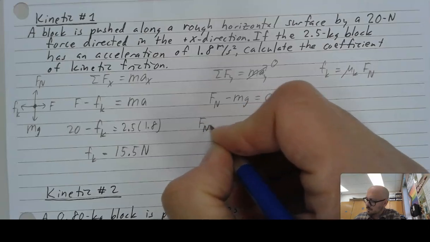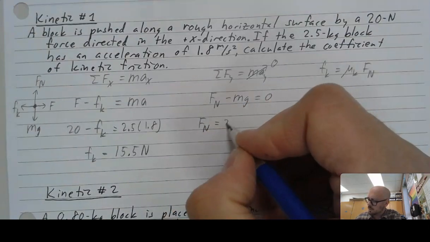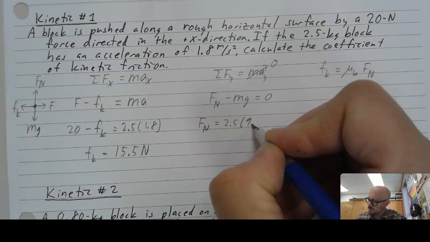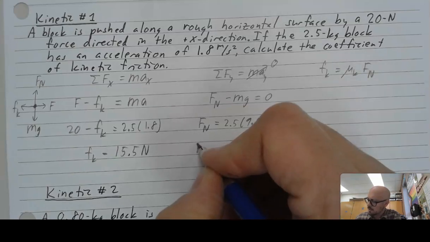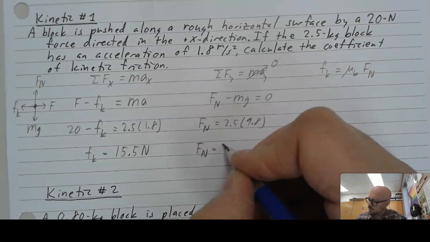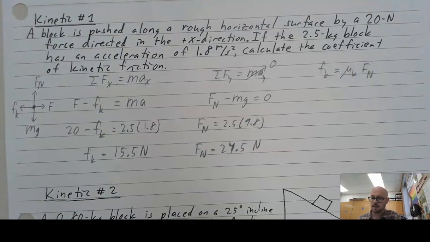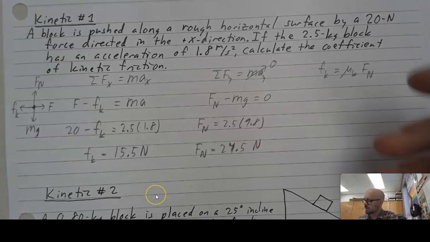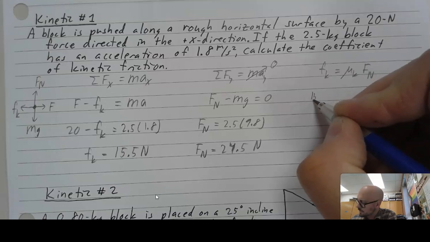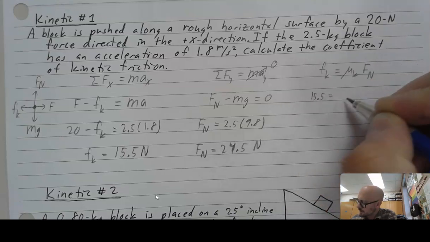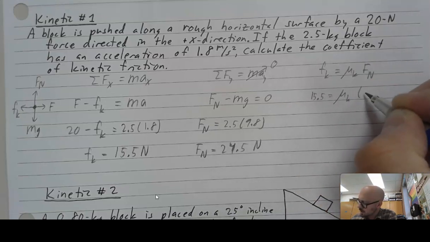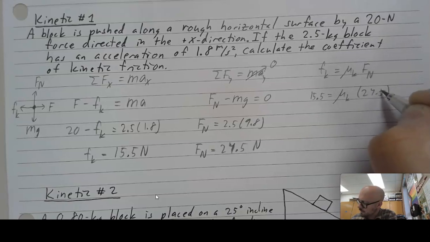That means the normal force is equal to m times g, so that's 2.5 times 9.8, and the normal force is equal to 24.5 newtons. And that is the other half of the battle. So now we can plug into our friction equation. So 15.5 equals mu times 24.5.